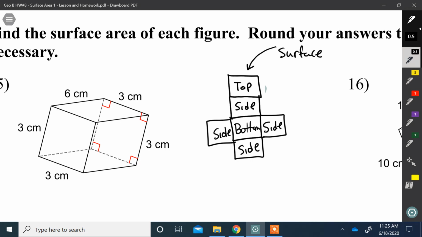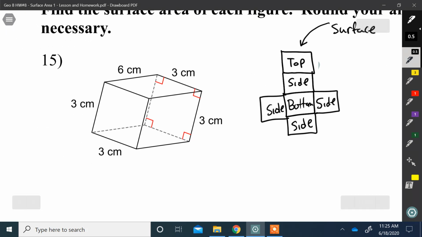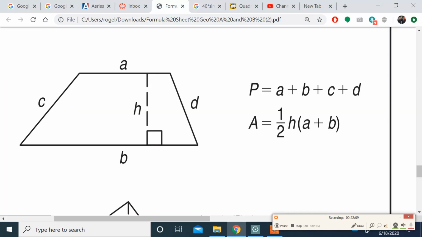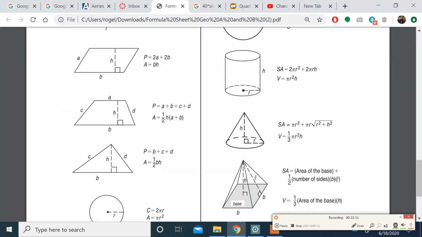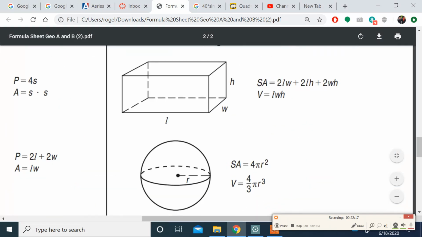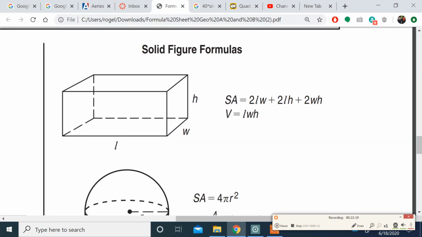Okay, so for surface area, we do have some formulas for that right there. And let me pull out the formula sheet for that. If you have a solid figure like this one here, all you have to do is multiply the length. I'm talking about volume now.